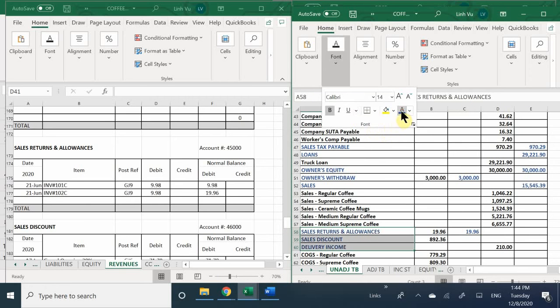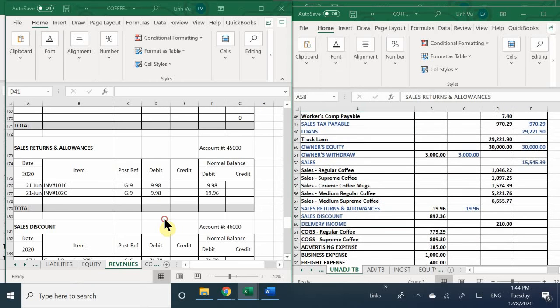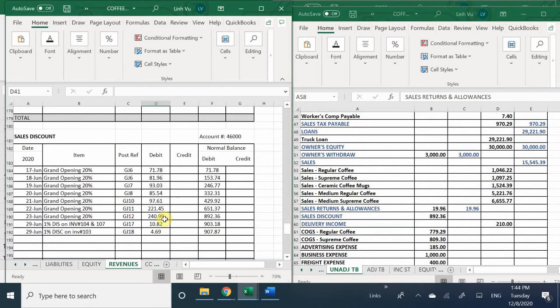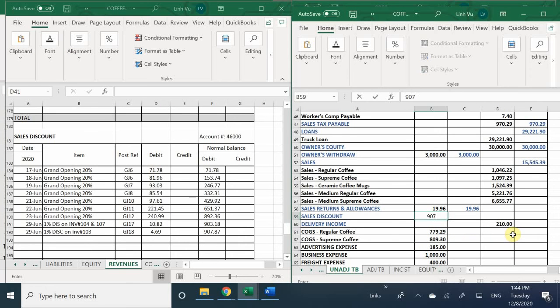All right, what about my sales discount? That should definitely have changed. Yeah, it's $907.87, and of course it's a main account, so that's going to be reflecting.